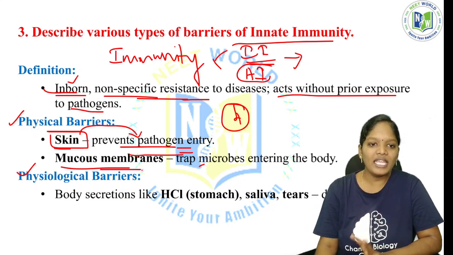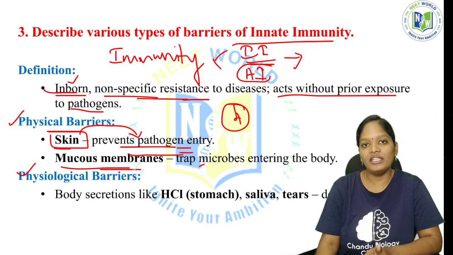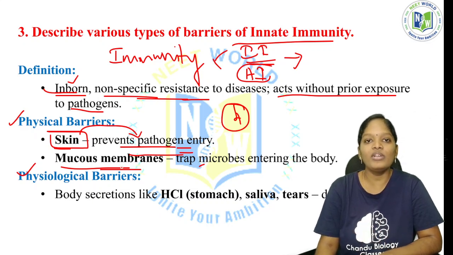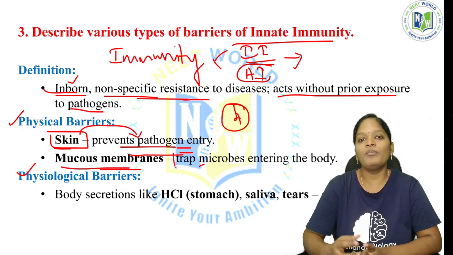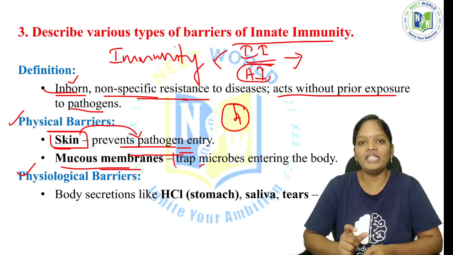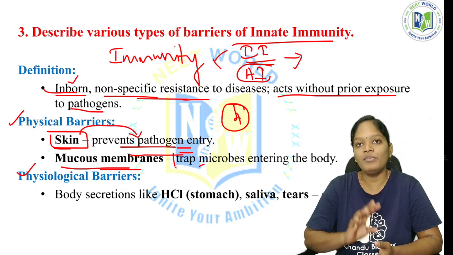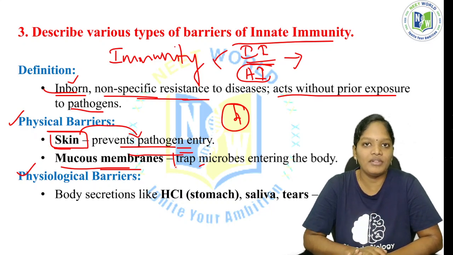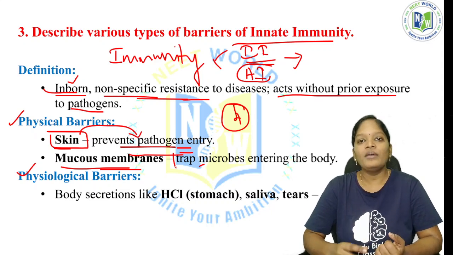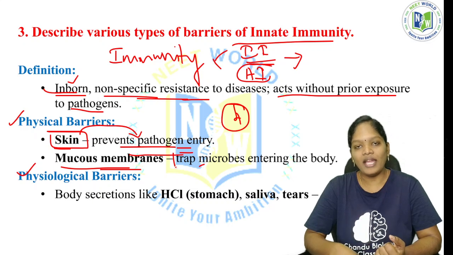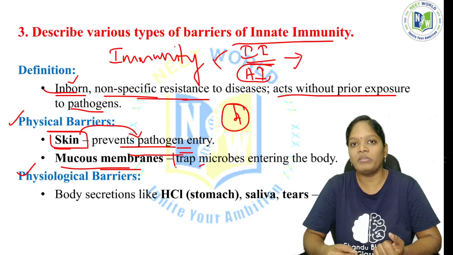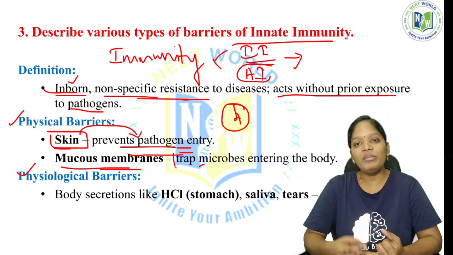Now, the second thing under the physical barrier is the mucous membranes. Two important things to keep in mind with respect to the mucous membrane. First, the mucous membrane covers our entire gastrointestinal tract. Second is the texture.